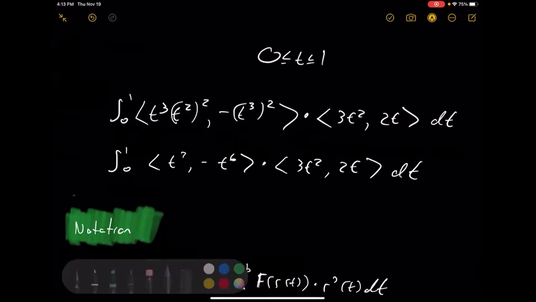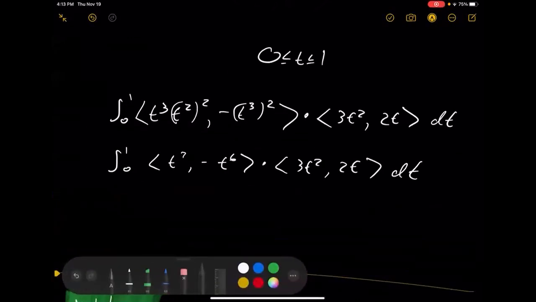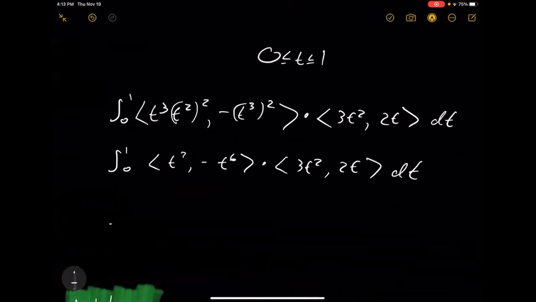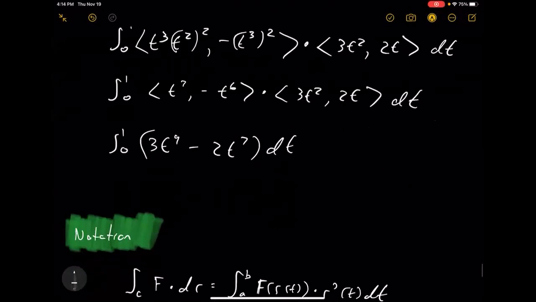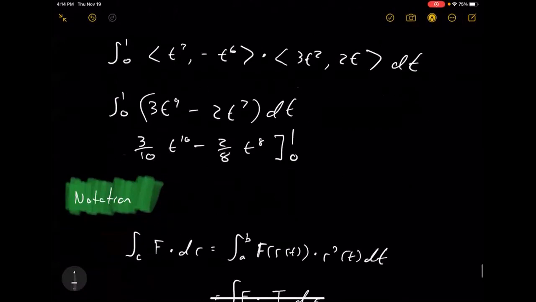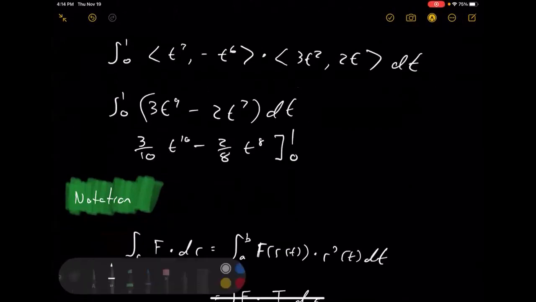Taking the dot product, that should become 3t to the ninth minus 2t to the seventh dt. I integrate from 0 to 1. I get 3 over 10 minus 2 over 8.